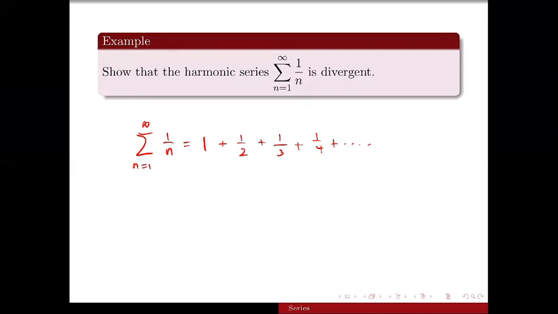Now, here's what we're gonna do. I'll try to add some more terms. You have 1 over 5 plus 1 over 6 plus 1 over 7 plus 1 over 8 plus etc. Now, start with S sub 1. This is just A1, which is just 1.